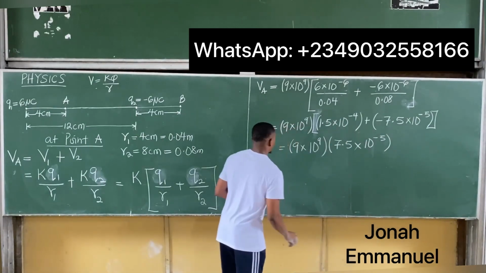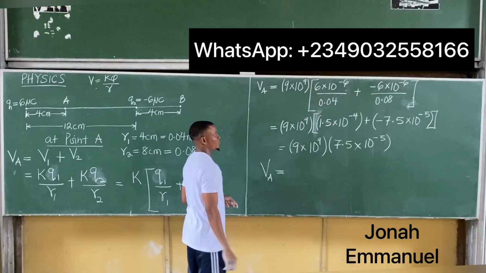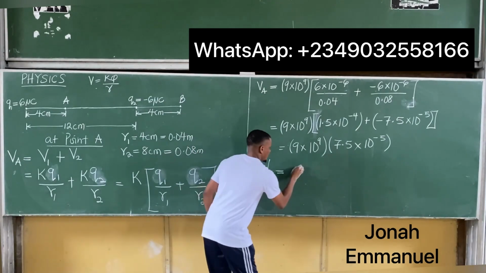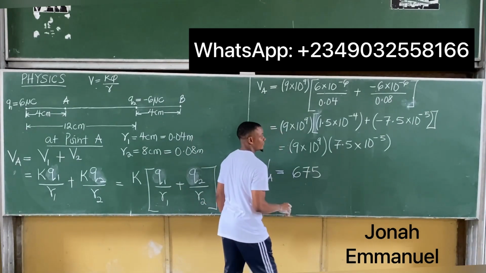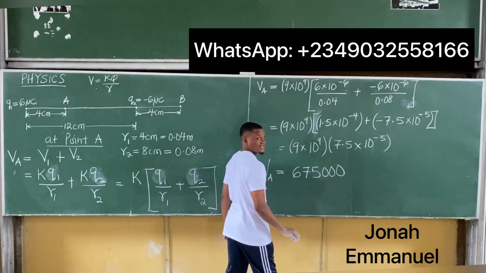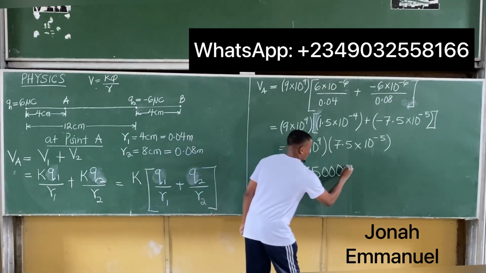All right, multiply this to get the electric potential at A, VA. What do you have? 675,000. Units, please. Volts.